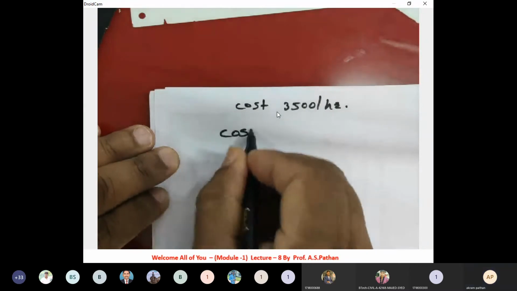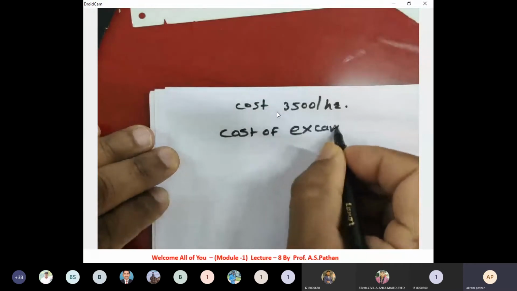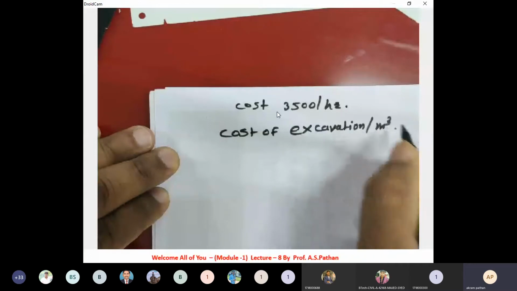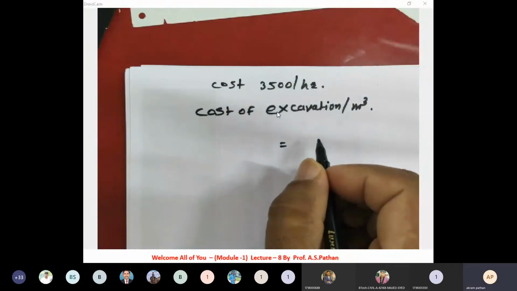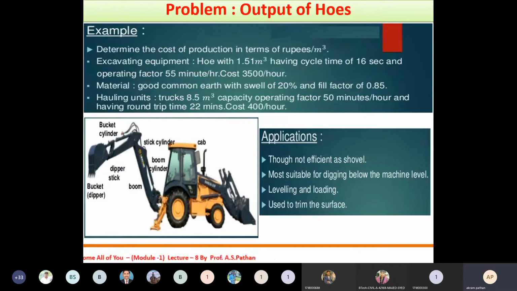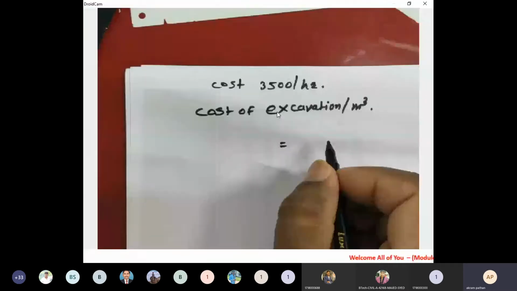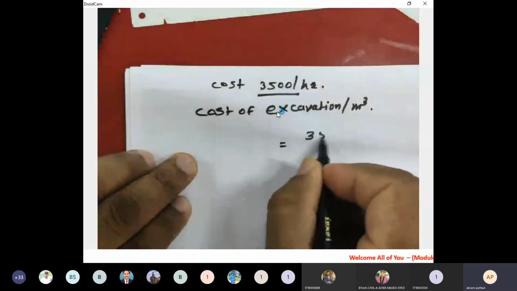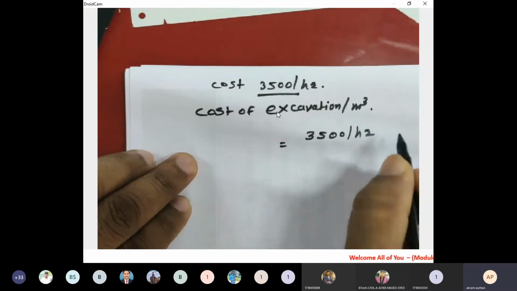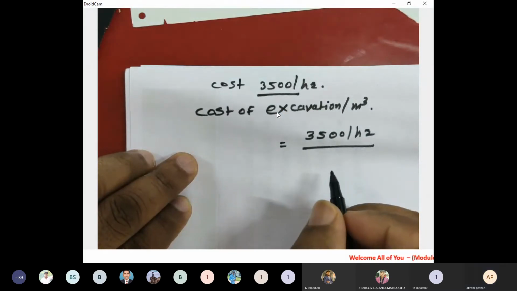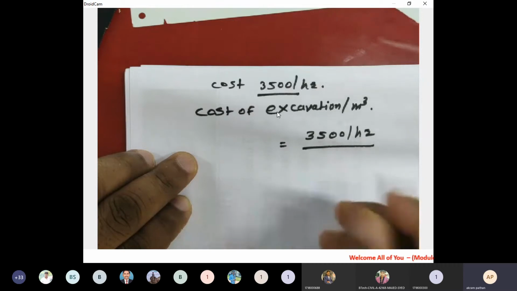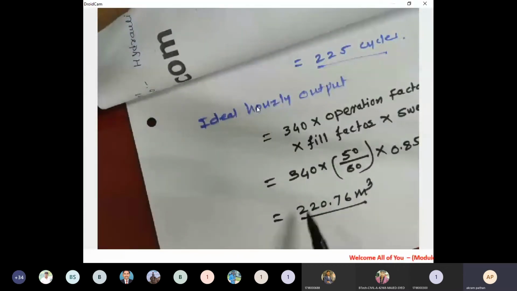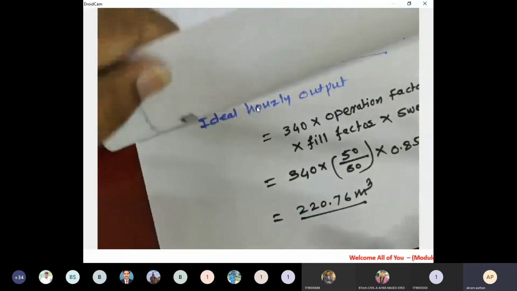The total cost of 3,500 per hour is given, divided by the hourly output we have calculated earlier, which is 220.76 meter cube.